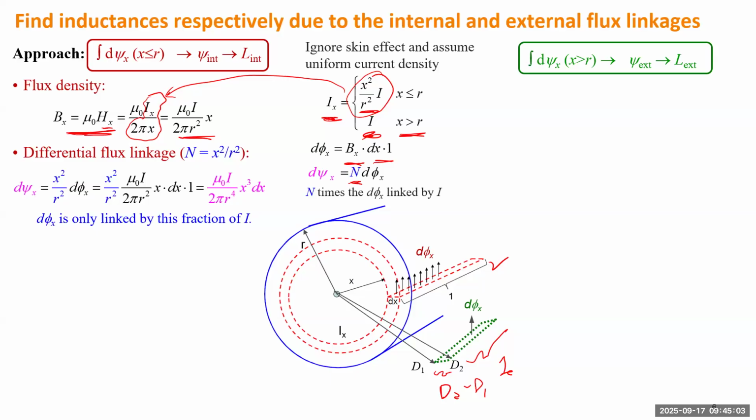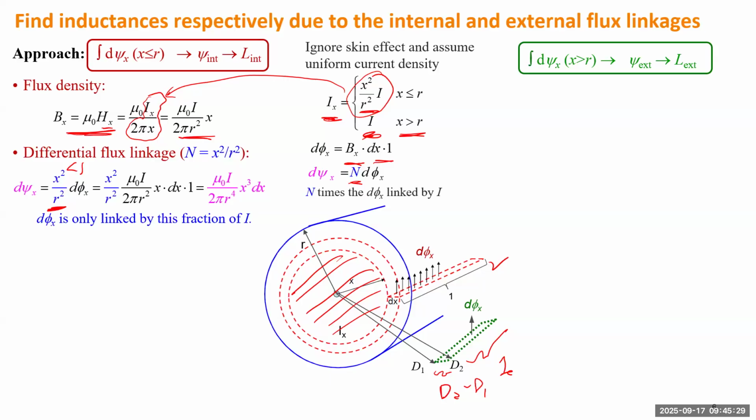Only the current inside of this circle is linking the flux for the flux linkage. So this n is less than 1, and only this portion of the flux is linked by the current.